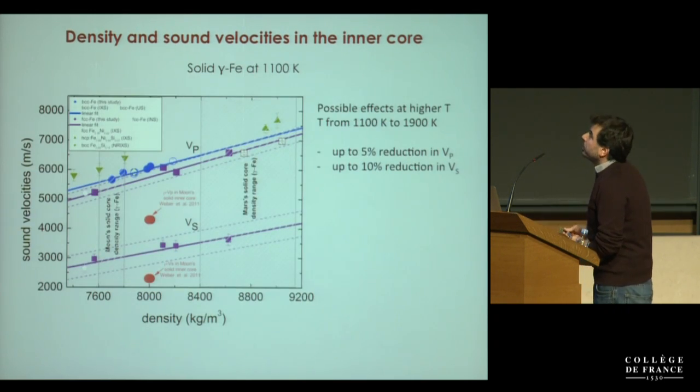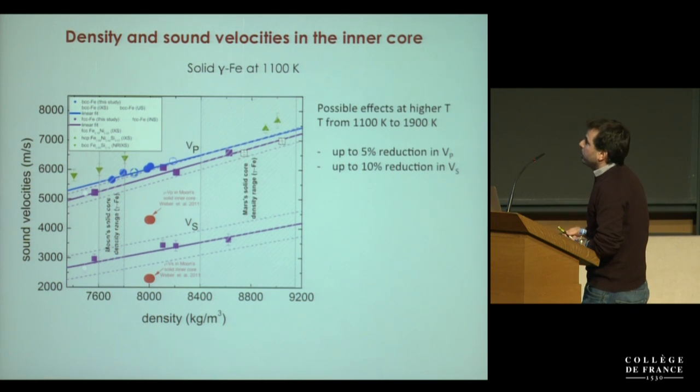For the inner core, we will start from our result on a solid gamma phase at 1100 Kelvin. I would not say that the temperature effect might be so large, but still, to play safe, I will include, for our estimate, at least within the error bar, a reduction up to 5% in VP and 10% in VS, moving from the 1100 Kelvin up to 1900 Kelvin.